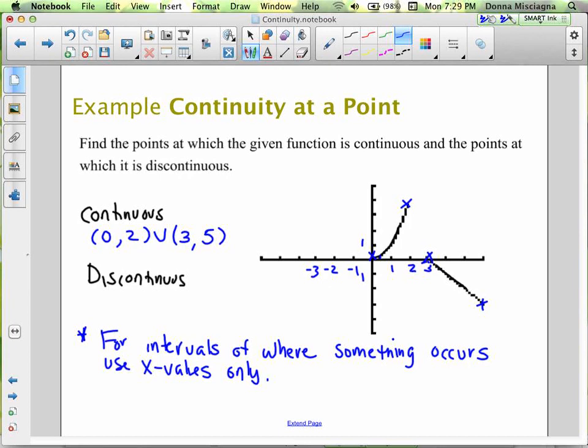It just stops and then picks up again at 3. So our graph is discontinuous between 2 and 3. Let's take a look at the formal definition of continuity, and then let's come back to our diagram here and see if we should include the endpoints as being continuous or discontinuous. Where should they be?